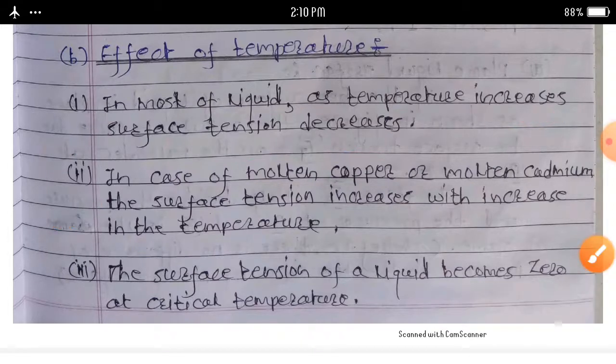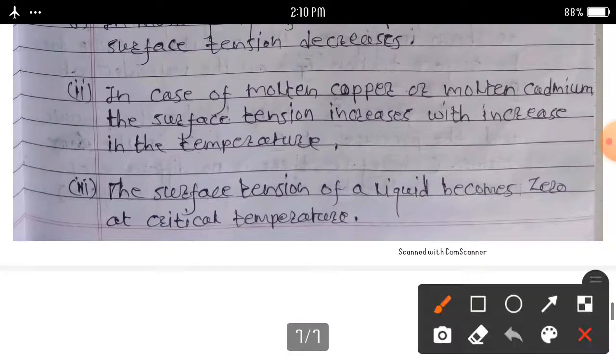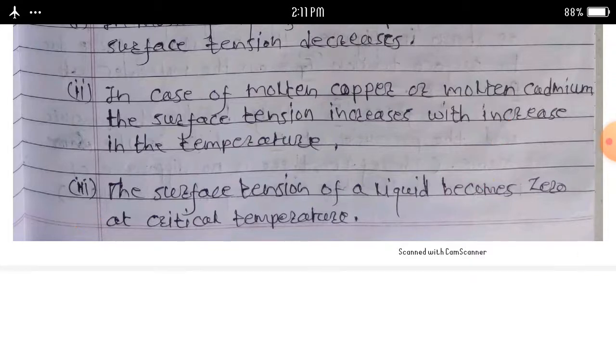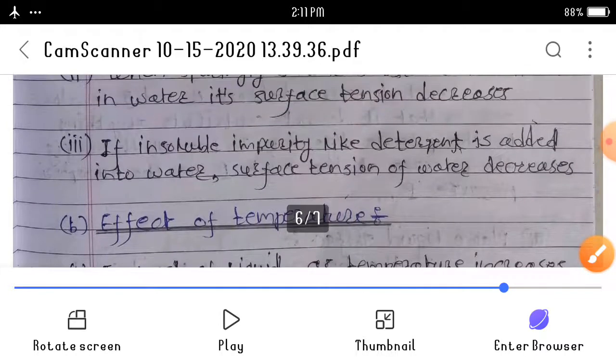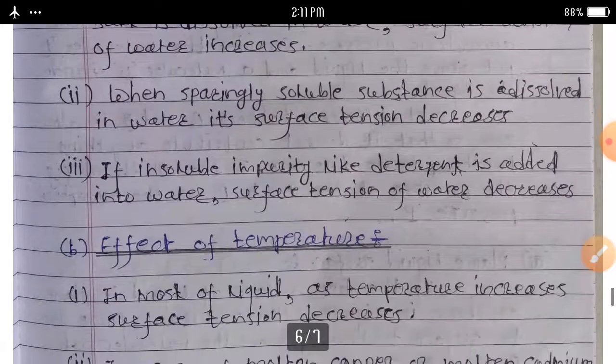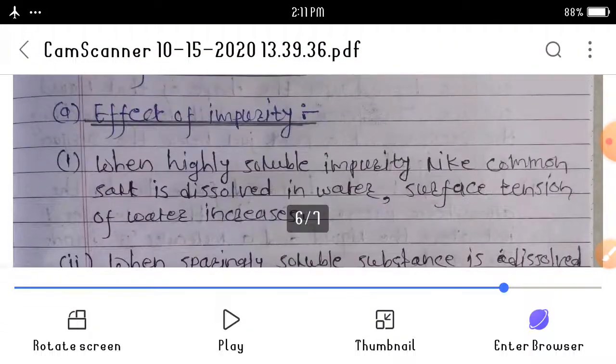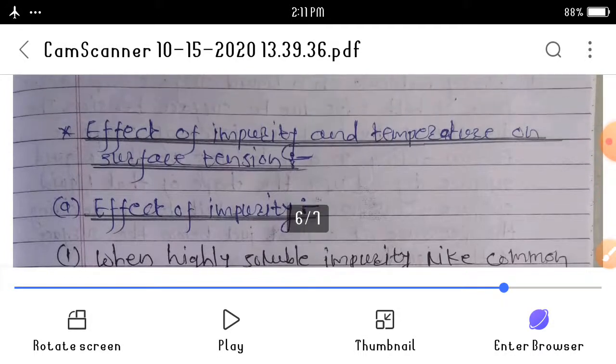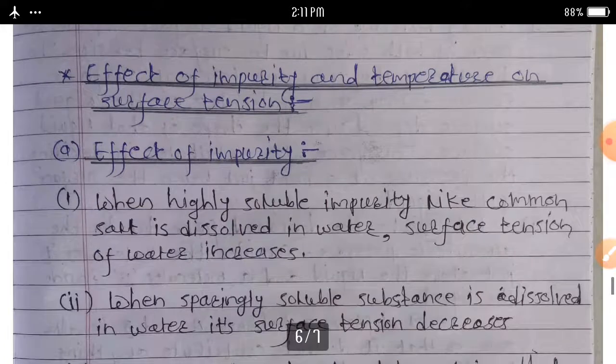And next, the surface tension of a liquid becomes zero at a critical temperature. This is the effect of temperature on surface tension.